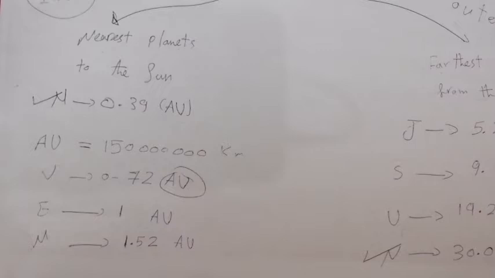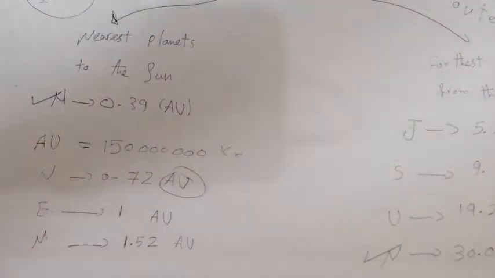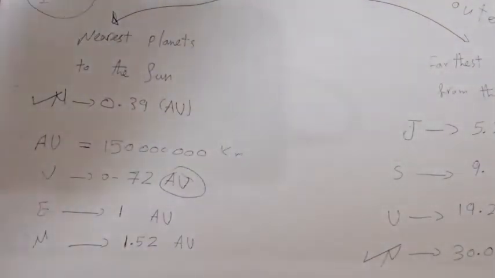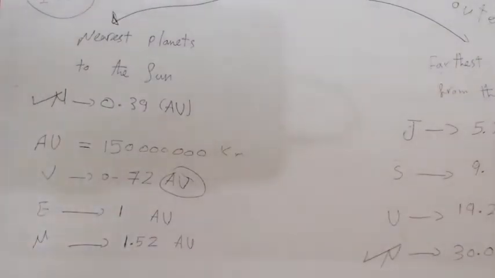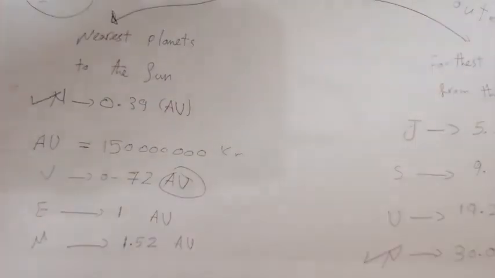First, Mercury is the smallest planet, nearest planet, and also smallest planet. Why, mister? Because it has only 4,879 kilometers. I'm talking about diameter, okay?